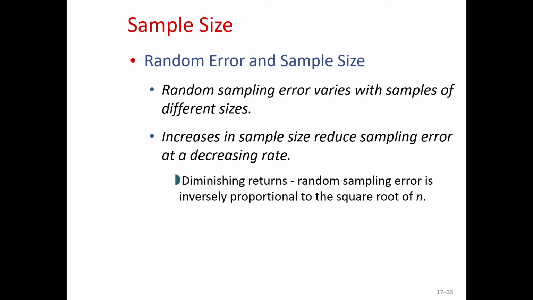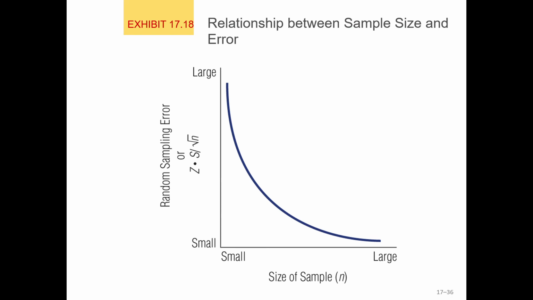So when the standard deviation of the population is unknown, a confidence interval is calculated, or we can calculate it. And we already mentioned that it's not necessary to take a census of all the elements of the population to conduct an accurate study.